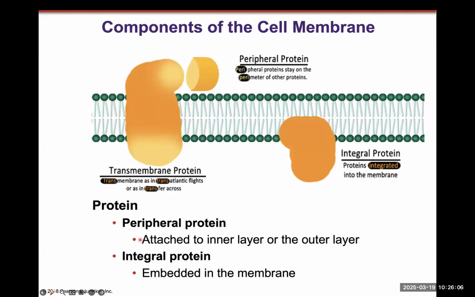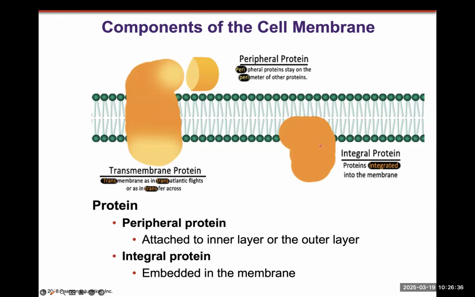We have a peripheral protein that's attached to the inner layer or the outer layer. Peripheral proteins stay on the perimeter. On the other hand, you have integral proteins that go into the cell membrane. They're integrated into the membrane. So that's where the name kind of comes from. So it's going halfway into this membrane.